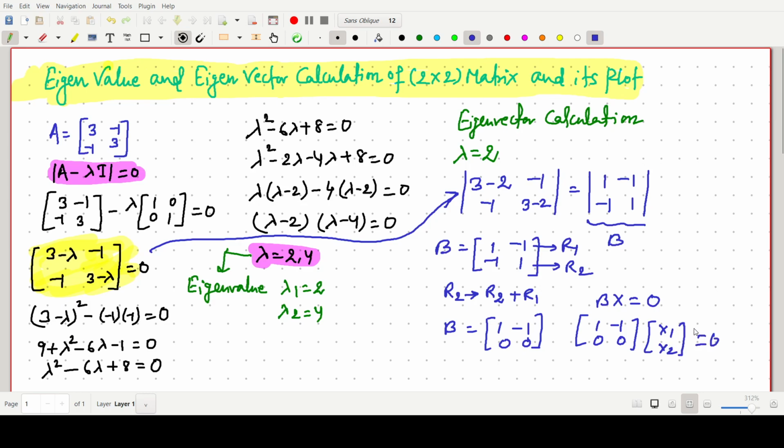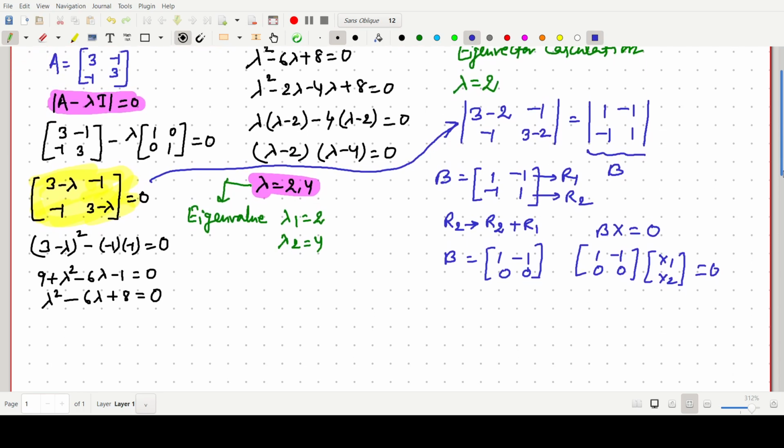Now from this one we can write x1 minus x2 equals to 0. So we can write x1 equals to x2.